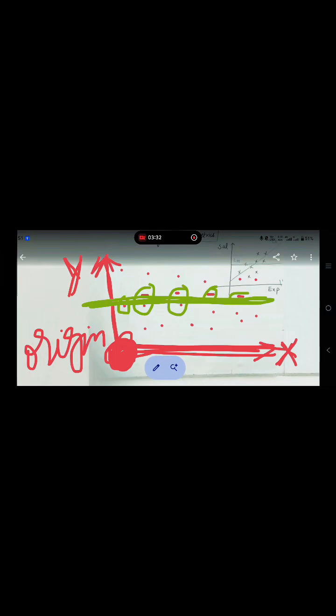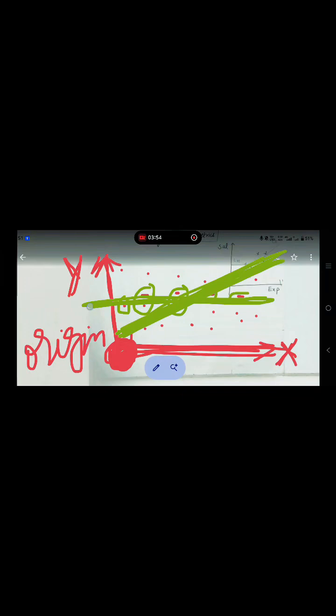While the regression line will rise like this. This is the regression line. The mean line will pass through the mid of the data, while the regression line will pass among most of the data.